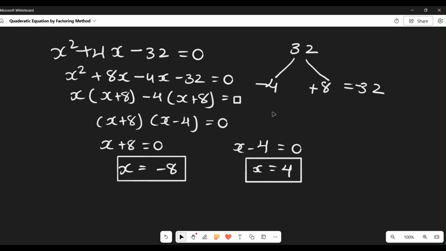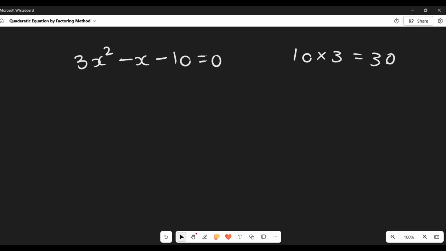Now let's take another example. 3x² − x − 10 = 0. Now we can see here that 10 multiplied by 3 equal to 30.